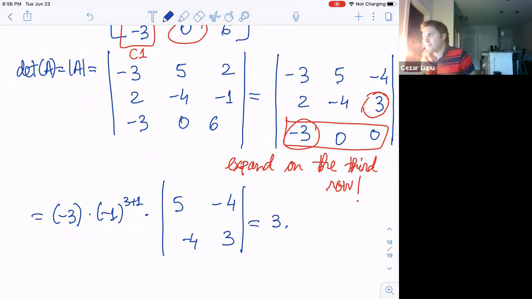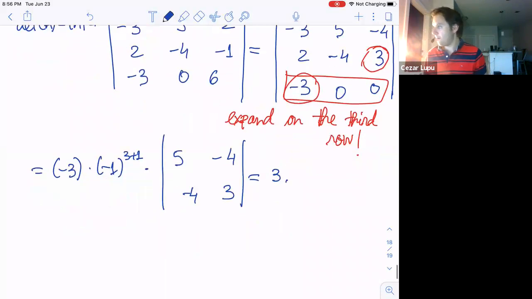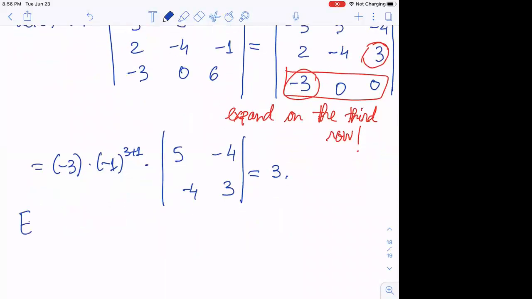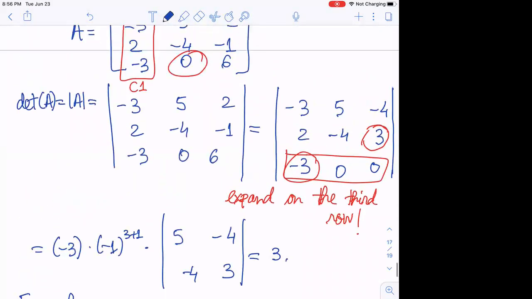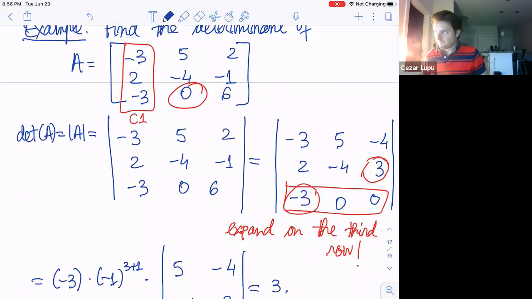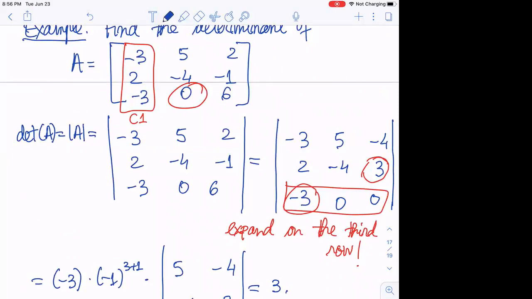For example, let me give you some monstrosity here. So yes, Blake. Could we do another row operation, such as multiplying the top row by -1 to get rid of that bottom 3? Would that not work?